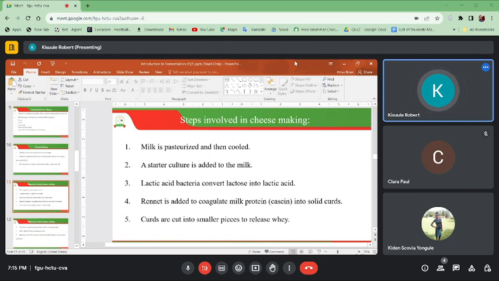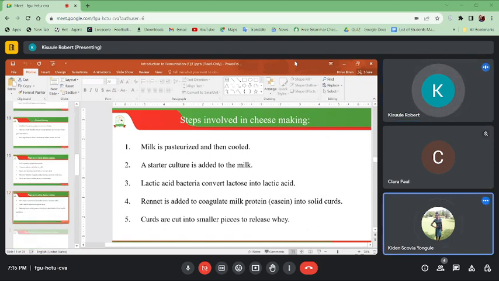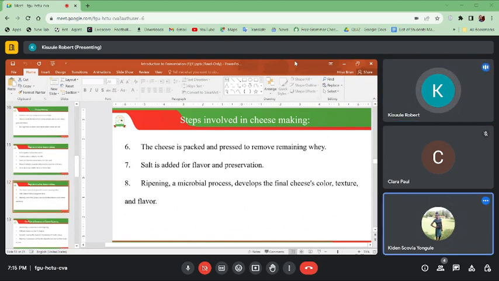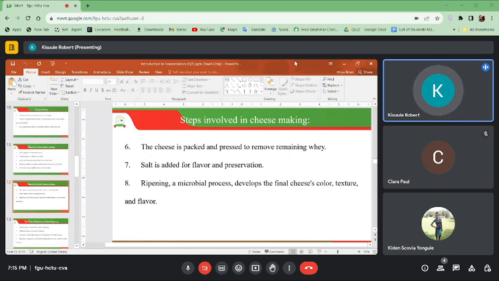Whey is the liquid part of the milk. Then the cheese is packed and pressed to remove the remaining whey, and salt is added for flavor and preservation. Are you seeing how small this process is?